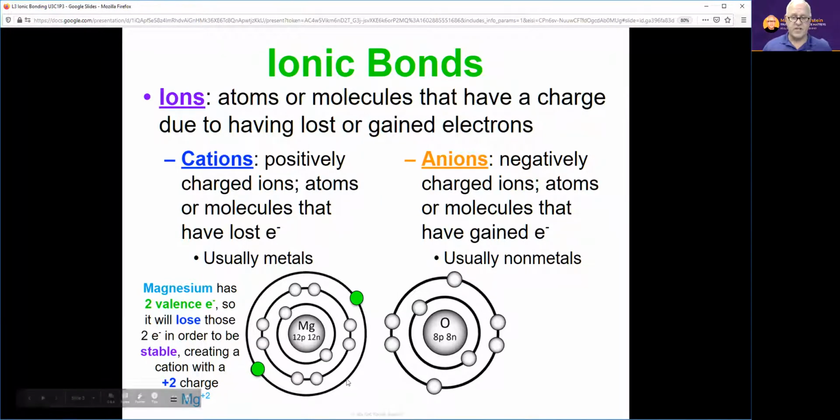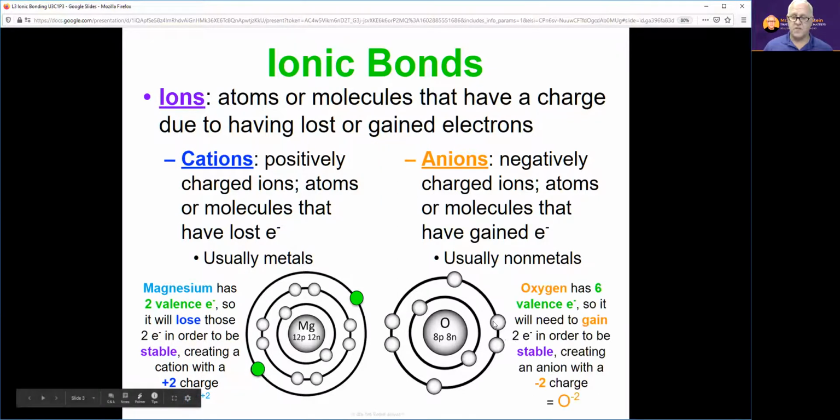And so if we look back down here at magnesium, magnesium has 12 protons, which means it also has 12 electrons, but it's a period 3 element, so it's going to have 3 energy levels. The third outer valence electron shell has 2 electrons there that magnesium can give away in order to become stable. So it has a positive charge.